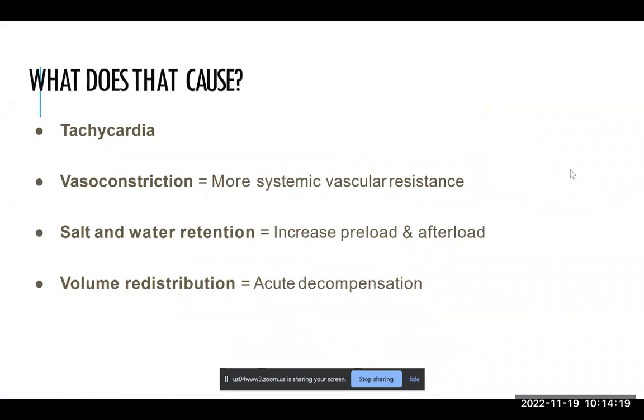The end result will be tachycardia through the same mechanisms that we mentioned, vasoconstriction again through the same mechanism, and salt and water retention, which is a result of increased preload and afterload. And whenever volume redistribution happens, acute decompensation will happen.